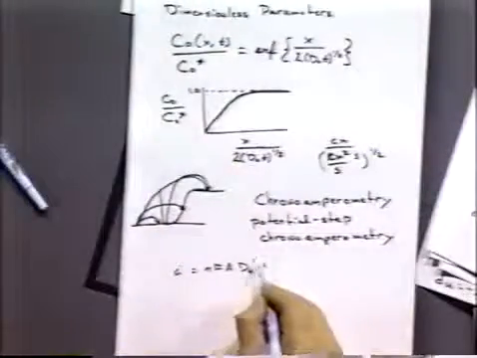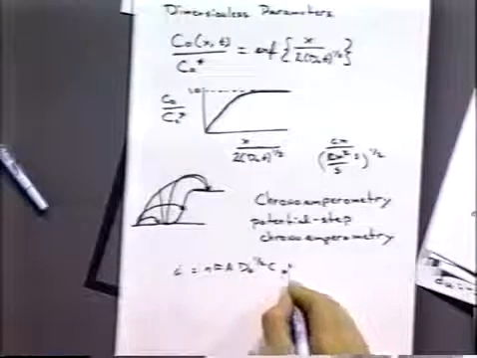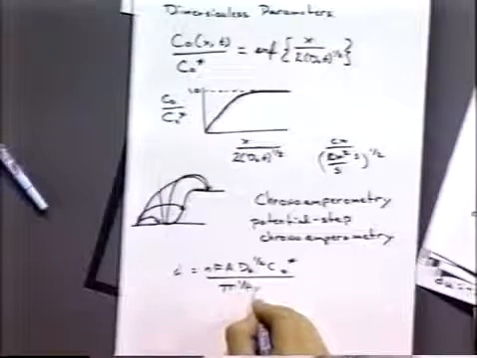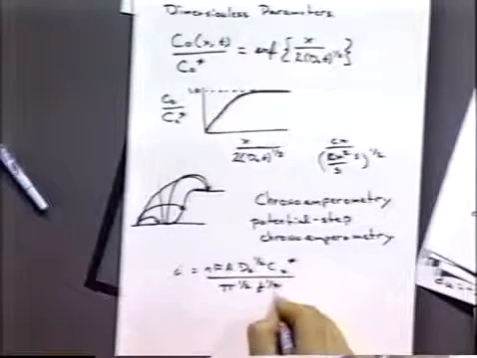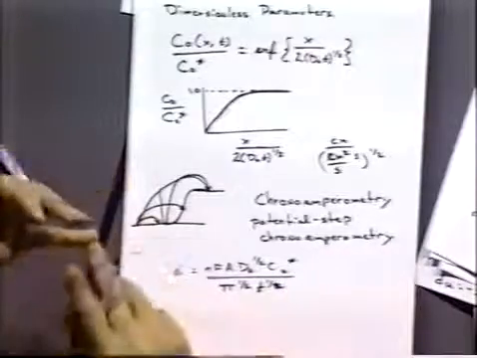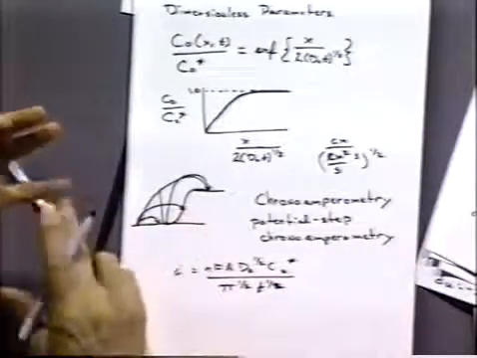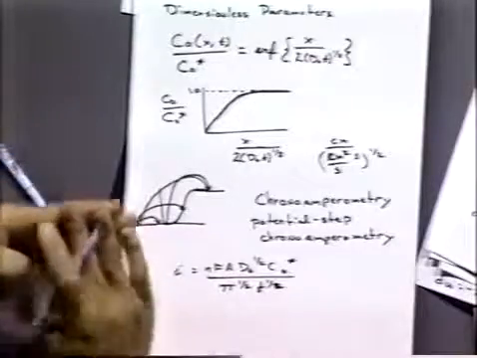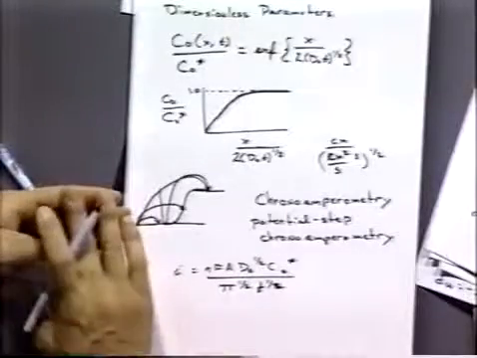So chronoamperometry for the Cottrell case is just the same as we've already written. I is equal to nFA D0 to the 1/2 C0 star over pi to the 1/2 t to the 1/2. Now this again assumes planar diffusion, no R present, no migration, none of these things, and the particular case where the concentration of O is 0 at the electrode surface.